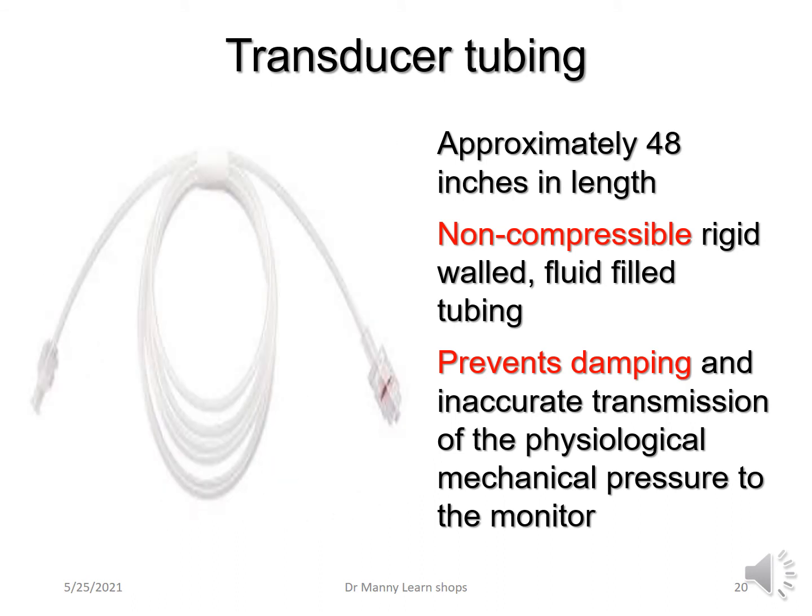It's rigid tubing, non-compliant, because you want the pressure from the artery to be transmitted directly to the monitor without any changes. If you include tubing that is compressible, flexible, compliant or soft, this will result in an inaccurate pressure being recorded by your monitor.